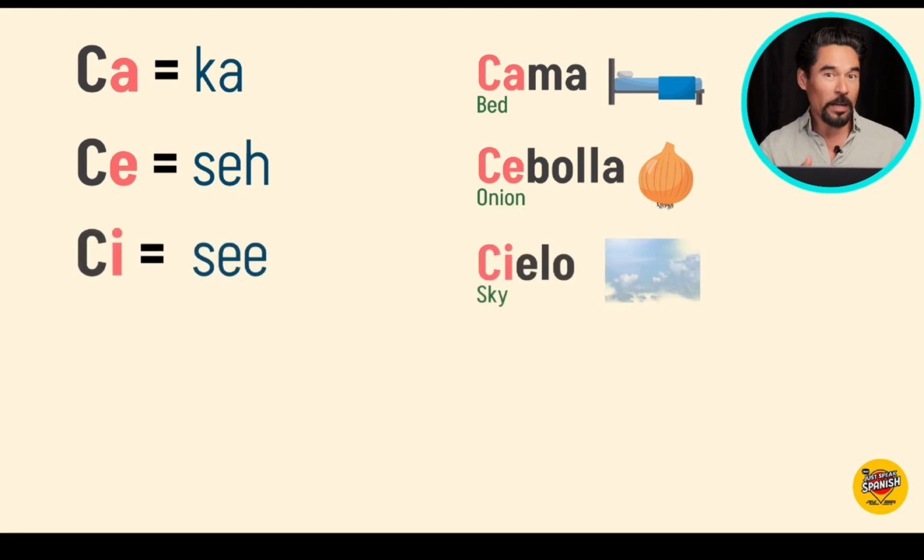Now let's take a look at what happens when you have the C and the I. When you have the C and the I, it's Si, just like to see in English. We take a look at the word cielo, sky. Again, if you are living in Spain, it would be pronounced with the th sound, but if it's Latin America, it's se.